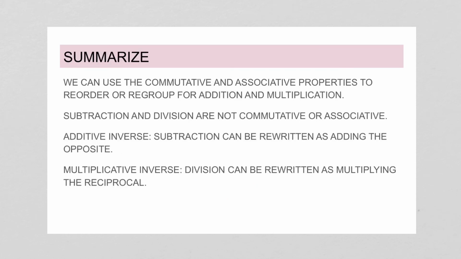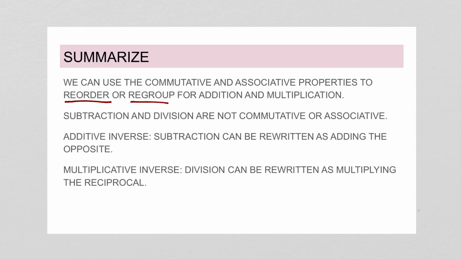So just a quick recap, let's summarize this. We can use the commutative and associative properties to reorder or regroup for any addition, right? And multiplication, that's something we've talked about before. And that subtraction and division, they're not commutative or associative. But with the additive inverse, subtraction can be rewritten as adding the opposite so that we can regroup and we can reorder.